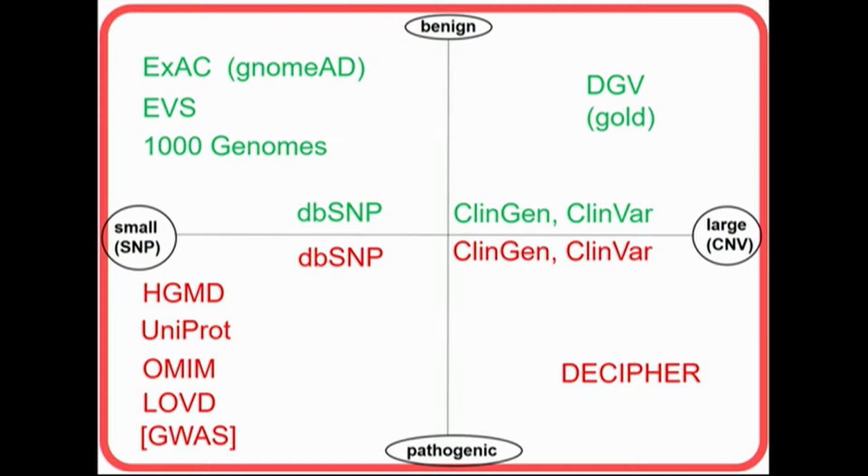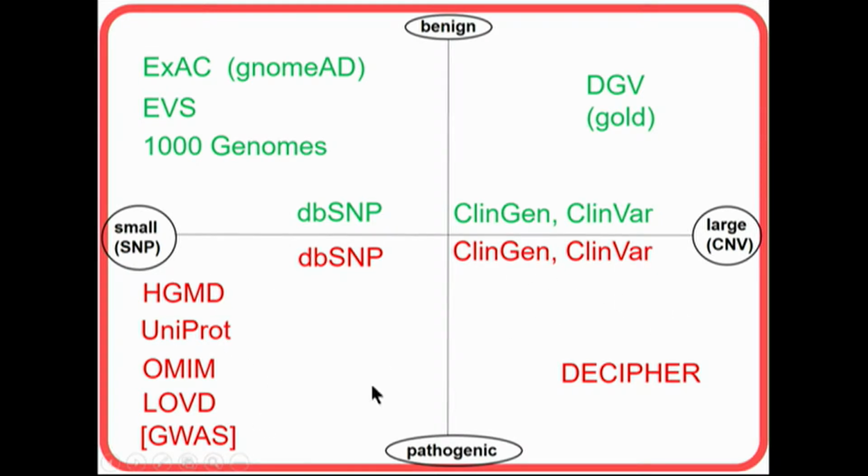And the second URL on your little mini handout has a link to a page called databases.html, which we can use to access saved sessions that will turn on each one of these 4 quadrants individually. Sometimes you're looking at big stuff and you want to see the databases that are relevant for that. So you're interested in DECIPHER on the pathogenic side and maybe ClinGen and ClinVar.